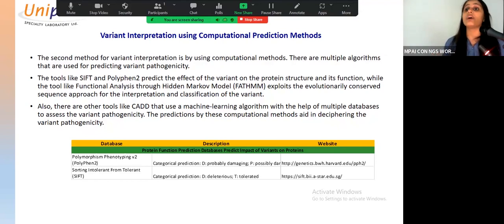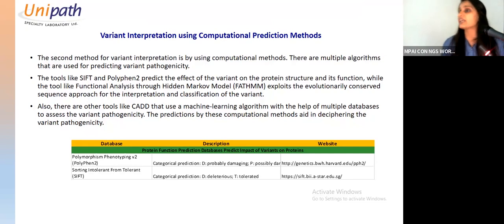In that case, you have to take a decision. Usually you should use a minimum of 3 in silico prediction tools, and if 2 of the 3 tools show pathogenic, then you should consider it as deleterious.